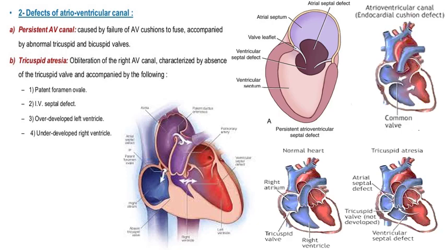That is the reason for closure of the foramen ovale, right? So the blood from the left shunts to the right, and because of the deoxygenated blood which has come from the superior and inferior vena cava into the right atrium, there is a right to left shunt as well. So that is what will happen.